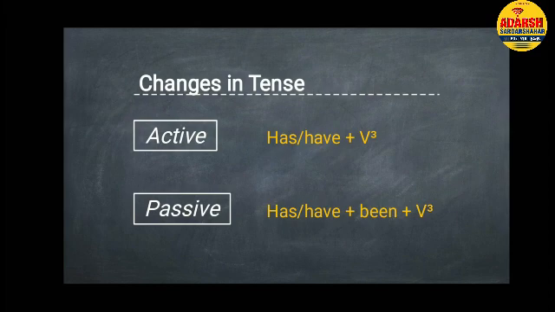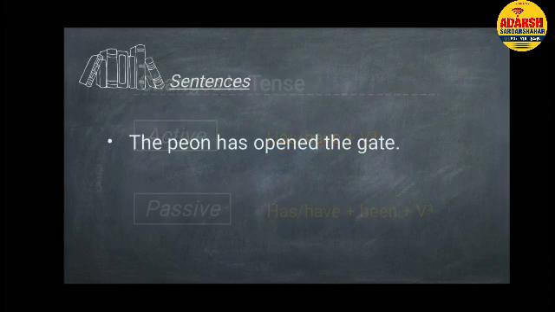So let's start with the first example, which is: The peon has opened the gate. Here you can see that our sentence has has as a helping verb and the verb's third form. So it is telling us that this is present perfect tense. So let's start the process of converting active to passive.